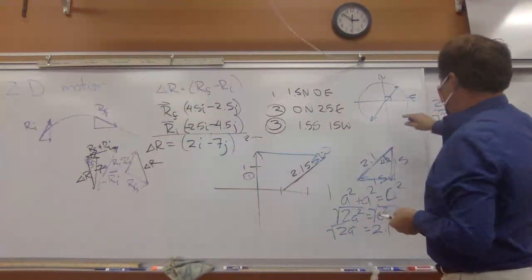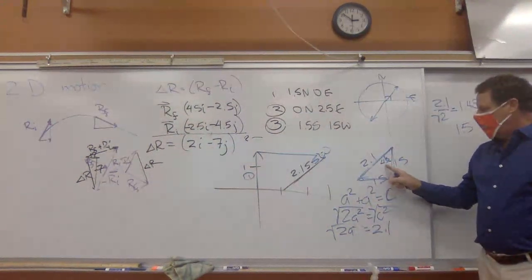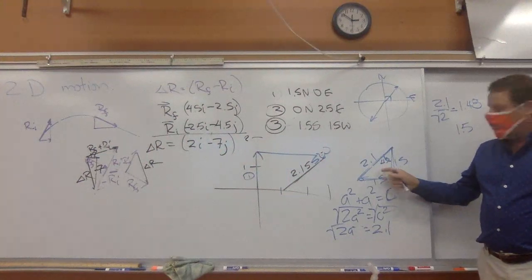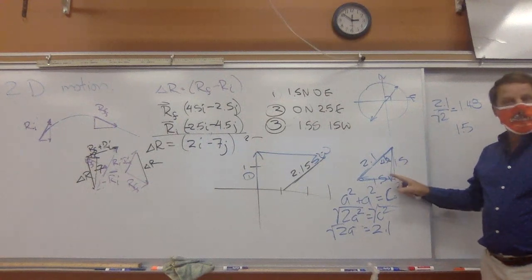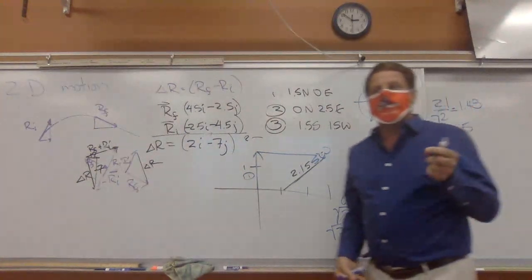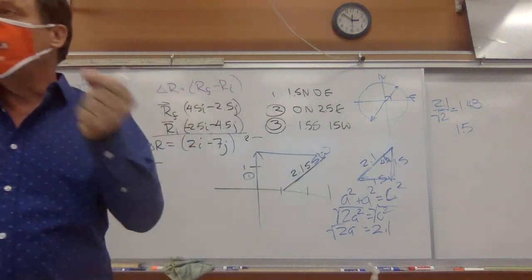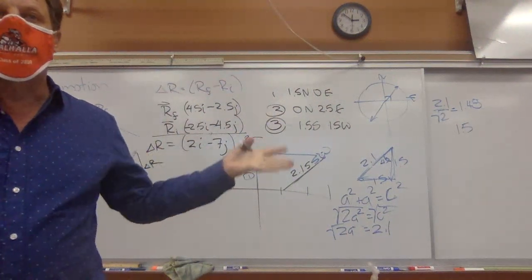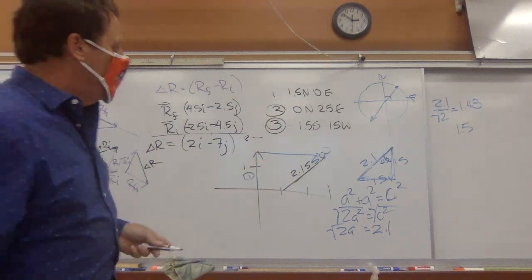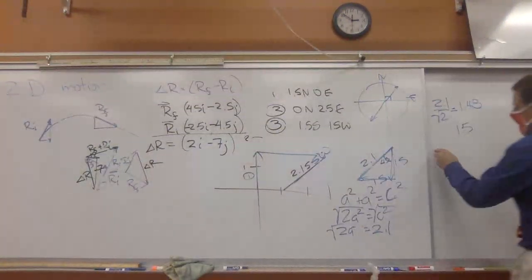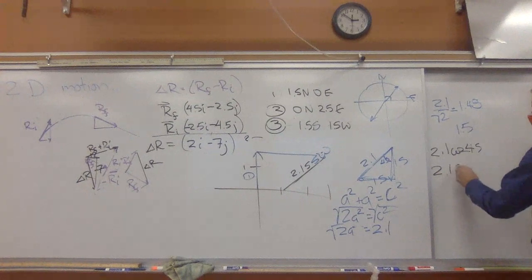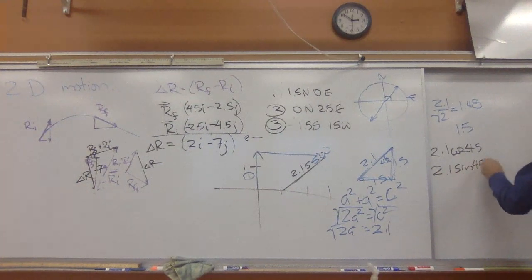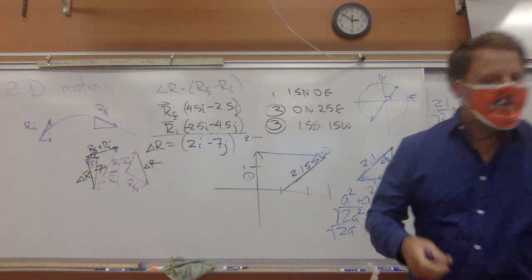All right, now, there's probably an easier way to figure this out. If you knew what the angle was, but it wasn't 45, then we can just say 2.1 cosine 45 and 2.1 sine 45.